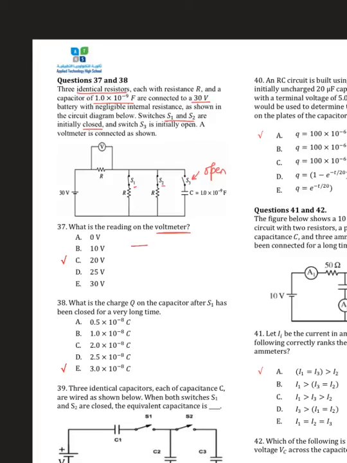So the circuit would look like this. You have got a resistor here, and then a resistor here, and then a resistor here. We are not going to draw the capacitor because the switch is open there. So this is R, this is R, and this is R. These two together, they are in parallel, so the equivalent will be R over 2. The total battery voltage is 30 volt.